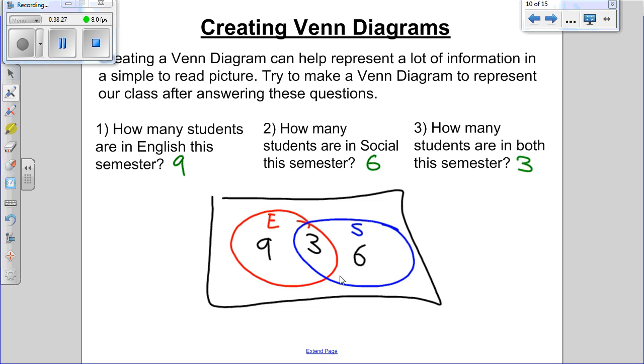And if you think about it for a second, if we look in this room, how many people are in one or the other? How many people put their hand up? Everyone is in English or social this semester, right? Is anyone not? Just you? Okay, so that means we have 1, 2, 3, 4, 5, 6, 7, 8, 9, 10, 11, 12, 13, 14 people in the class.